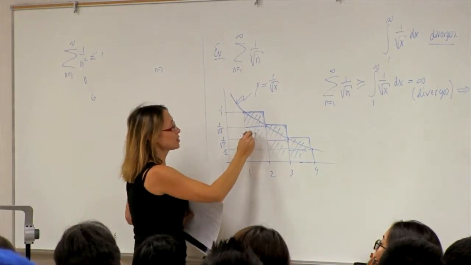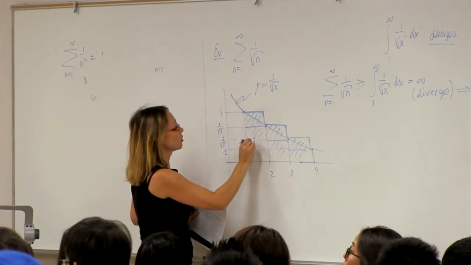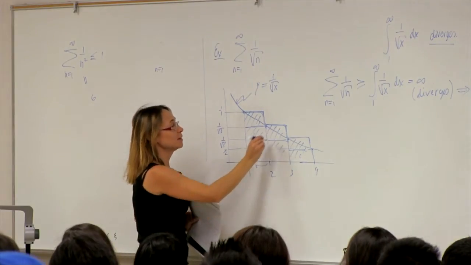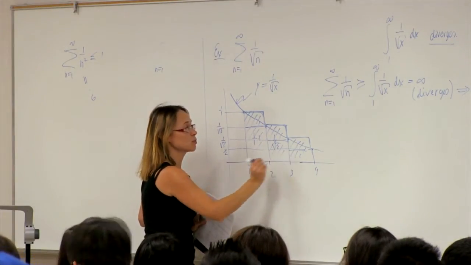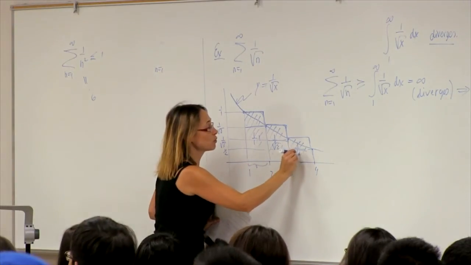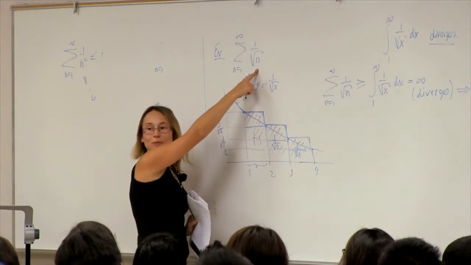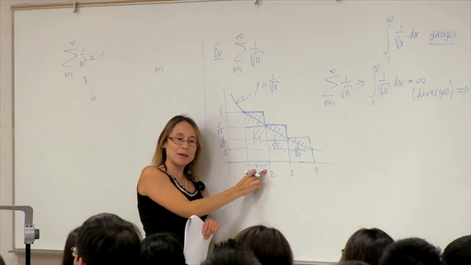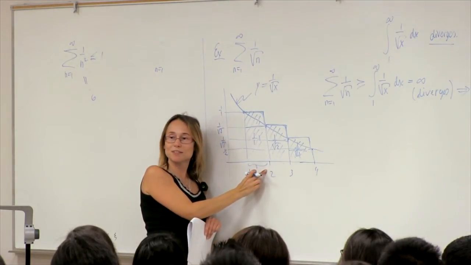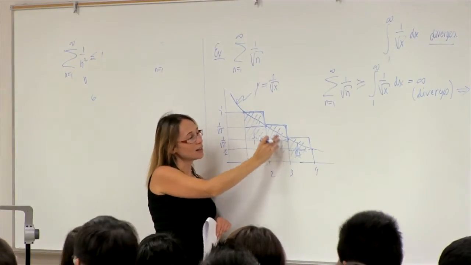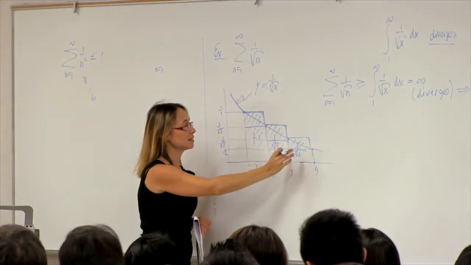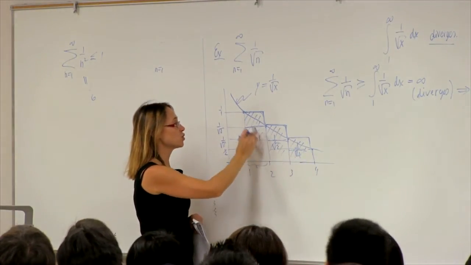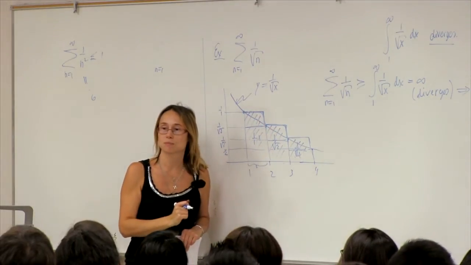Because what is this? This is 1 over 1 times 1. This is 1 over square root of 2 times 1. 1 over square root of 3 times 1, which is just this. The trick is to arrange the bases to be equal to 1. So the area of the shaded shape is just the summation of these values.